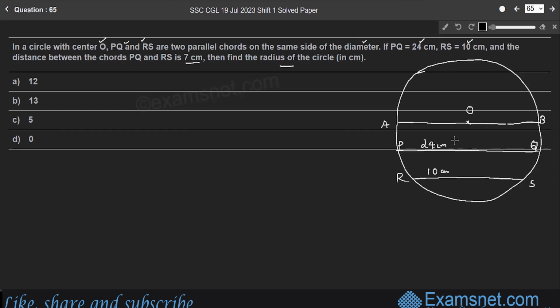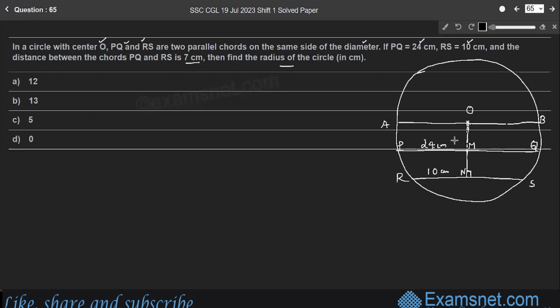Always take the perpendicular distance from one chord to another chord. For our convenience, I am considering the perpendicular distance here so that I can join this line with the center of the circle for further calculation, so we need the center of the circle also. I'm taking the perpendicular distance from PQ to RS. Let the line be MN.